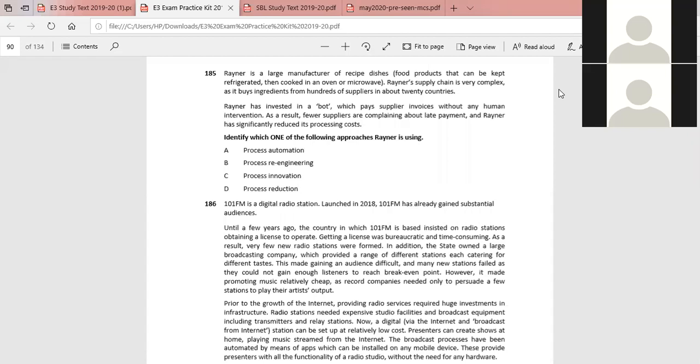Rainer has invested in a bot which pays suppliers' invoices without any human intervention. As a result, fewer suppliers are complaining about late payment, and Rainer has significantly reduced its processing costs. Identify which one of the following approaches Rainer is using.